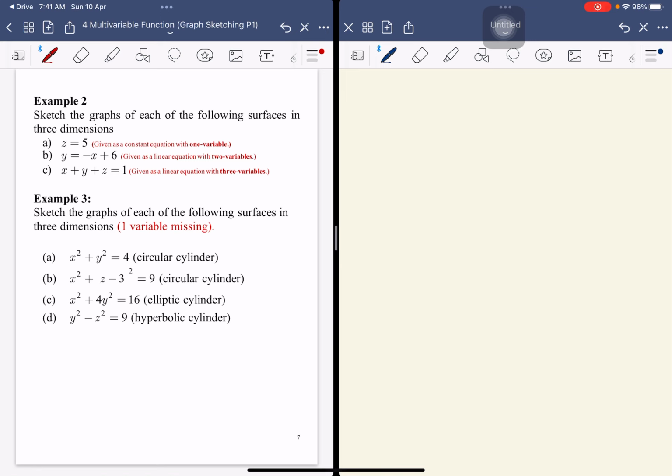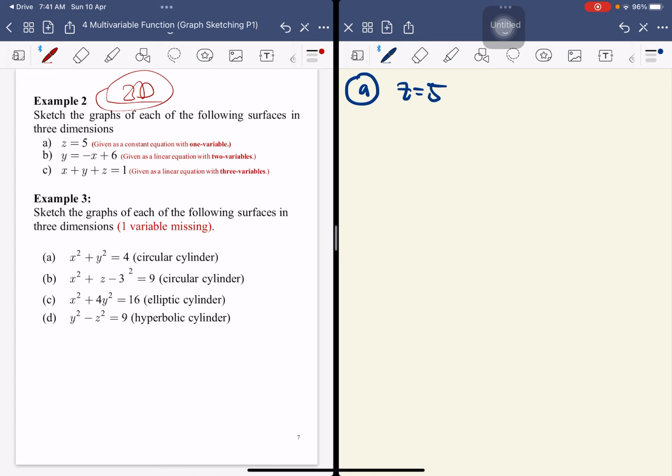Let's take a look at the second example. The question asks you to sketch the graph of each of the following surfaces in 3 dimensions. So now we talk about 3 dimensions. Let's take a look at the first one: z equal to 5.